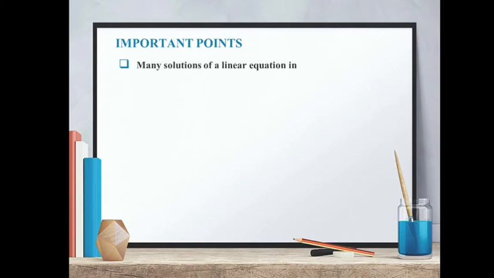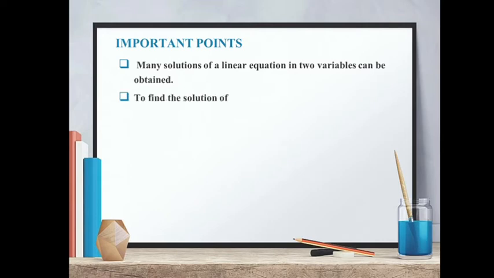Some of the important points: many solutions of a linear equation in two variables can be obtained. As discussed earlier, for a linear equation in two variables many solutions are available.